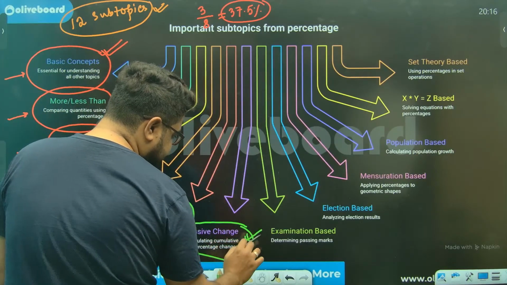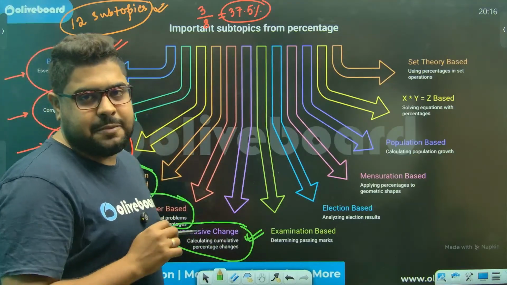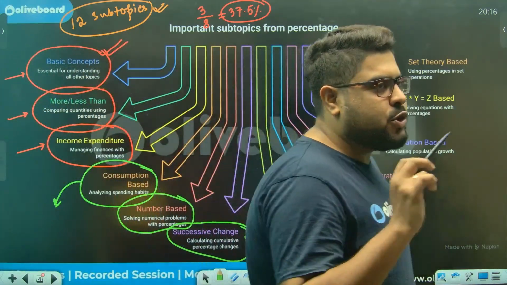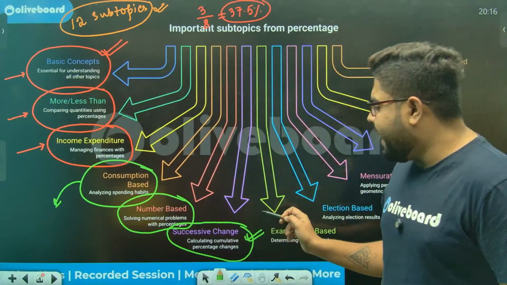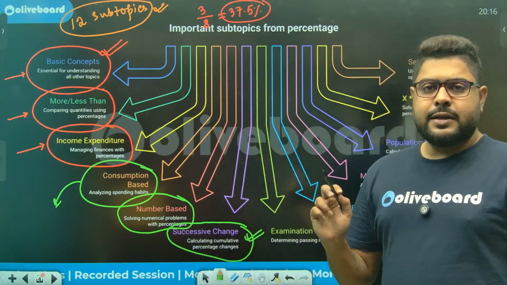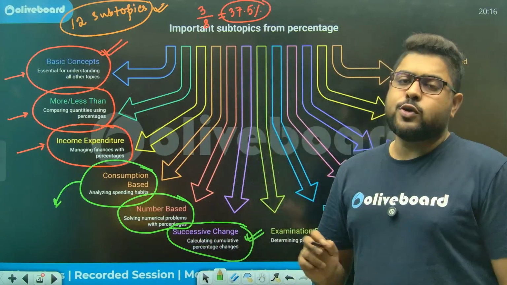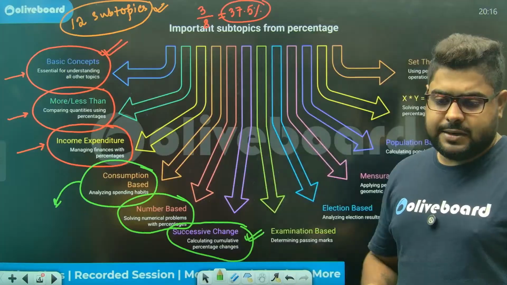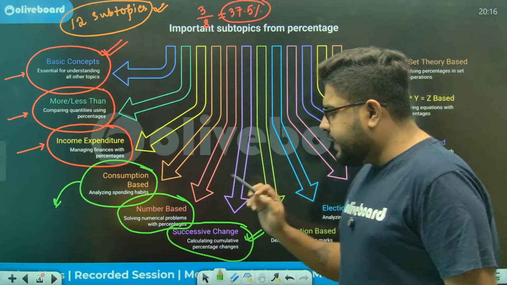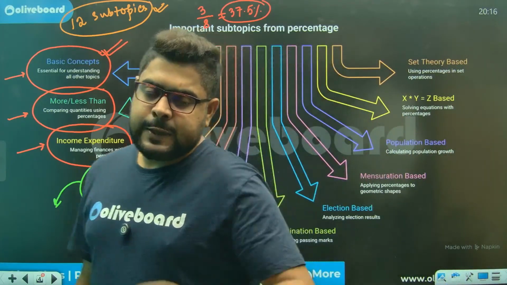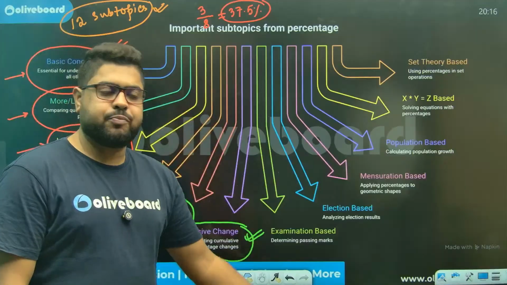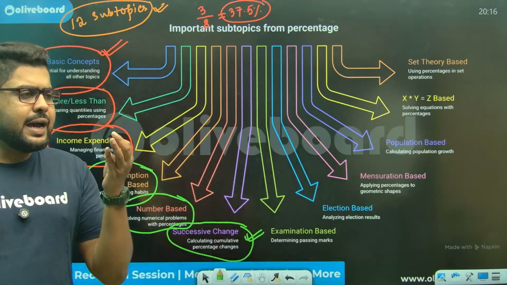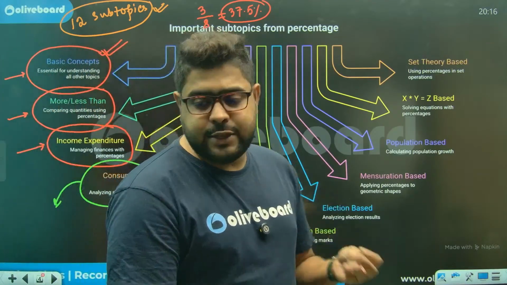Now, the most important thing comes next. That is successive change or AB theorem. If you ask me, the most important theorem of the entire arithmetic. Because AB theorem can be used in multiple chapters. This has multi-chapter application. Meaning, sir, you can use it in percentage, in compound interest, in profit and loss, in mensuration.